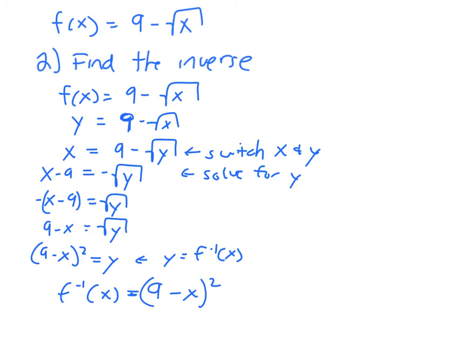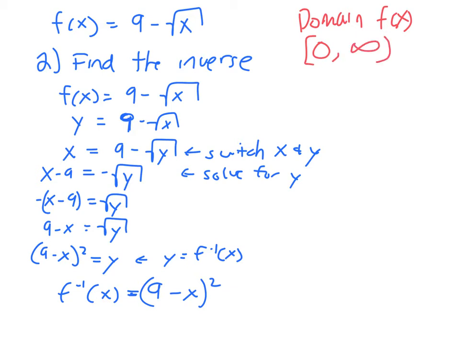We have 9 minus the square root of x. So inside the square root you can't have a negative. So the domain of f of x would be 0 to infinity.